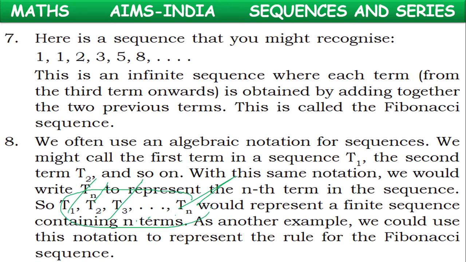If you have terms like this, then this group of terms represents a finite sequence containing n terms. For the Fibonacci sequence also, we have another kind of representation. This is the representation of all the elements of a group of numbers in the sequence, starting from T1, T2, T3 up to Tn.